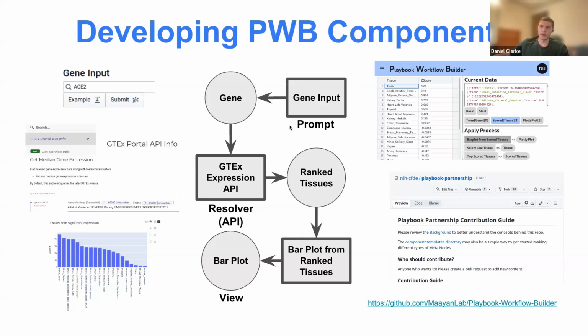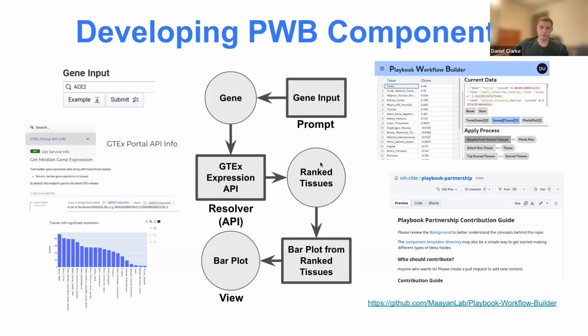So we may have multiple components that fit in this slot. They take the same type of input, a gene, and may produce the same type of output, this ranked tissue type. And so what we are doing when we're coding new components is registering each of these types and referring to them if you reuse them.